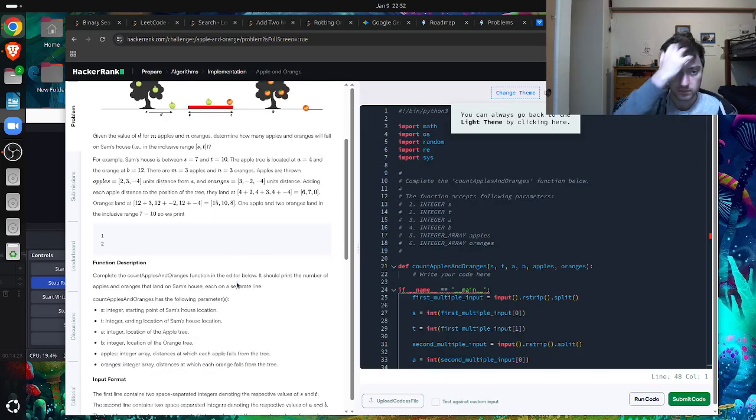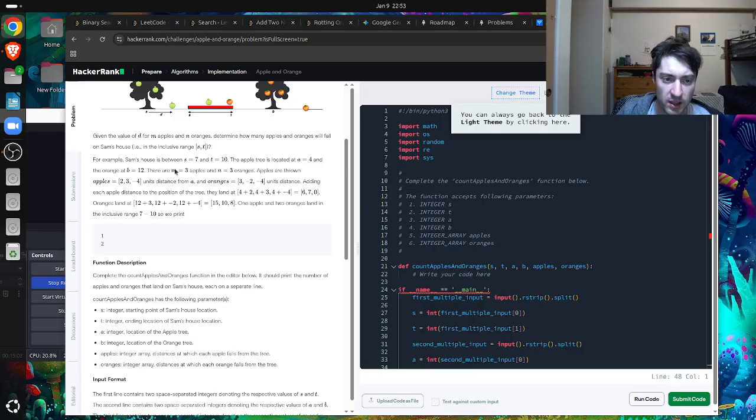Okay, given the value of d for m apples and n oranges, determine how many apples and oranges will fall on Sam's house in the inclusive range S to T, okay? For example, Sam's house is between S of 7 and T, if the apple tree is located at a equals 4 and the orange tree is at b equals 12.